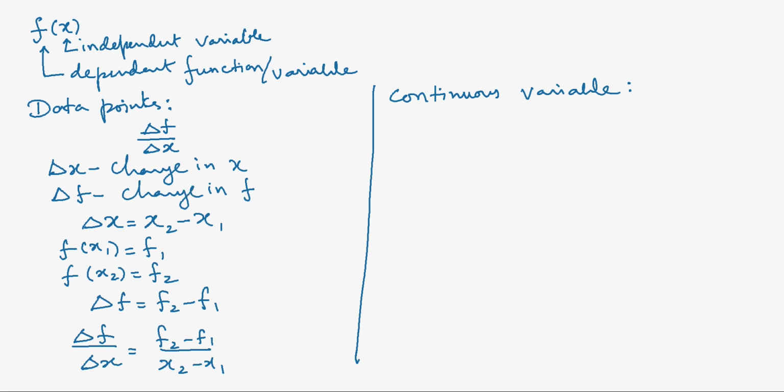When it is a continuous and differentiable function, we define the differentiation of f with respect to the x variable as the limit, with our delta x, the one we understood in the discrete form, going to 0, of f of x plus delta x minus f of x, divided by delta x.